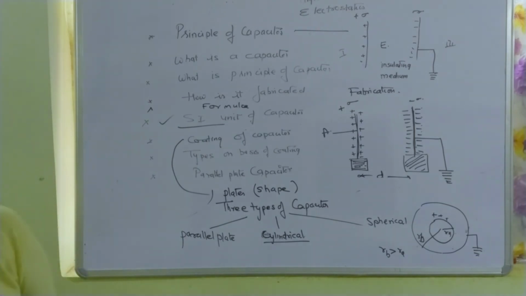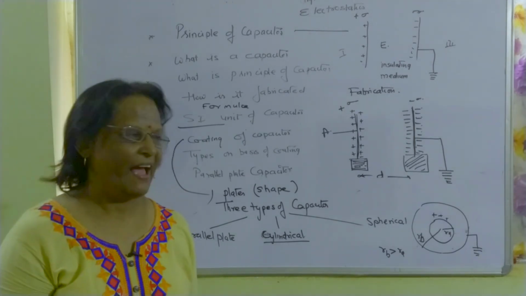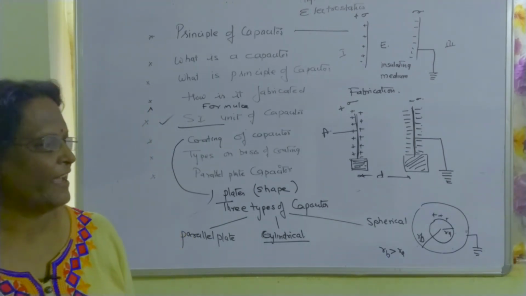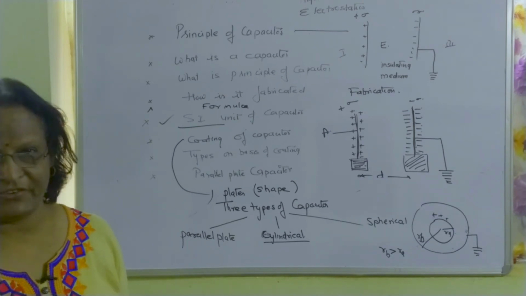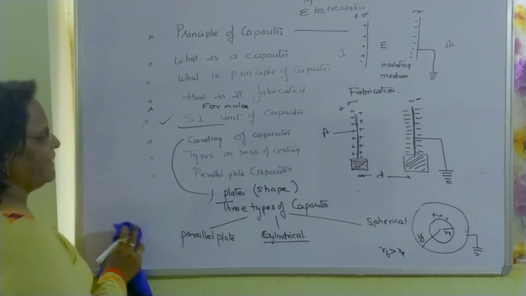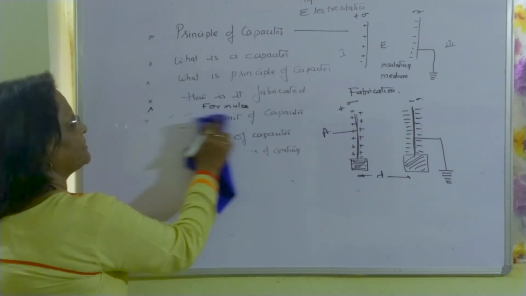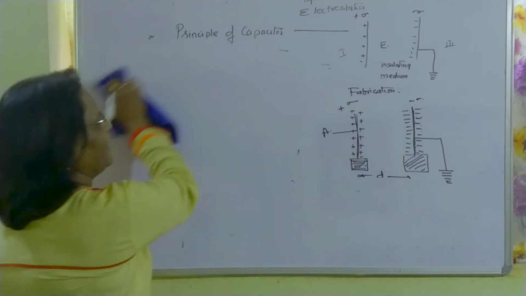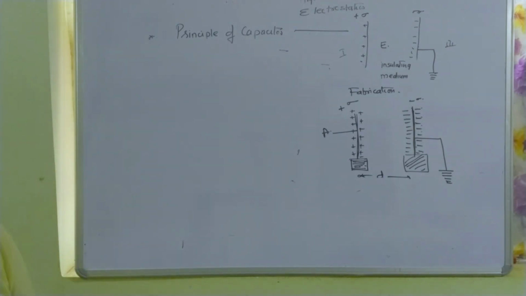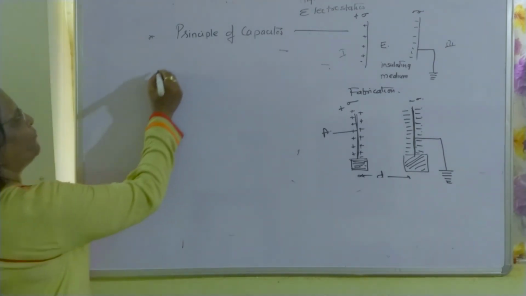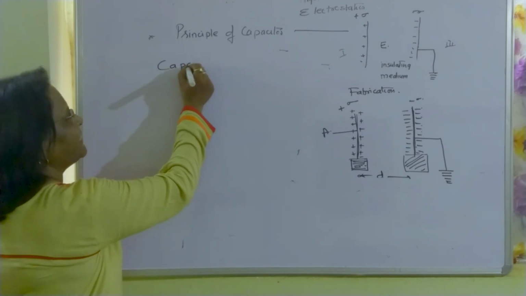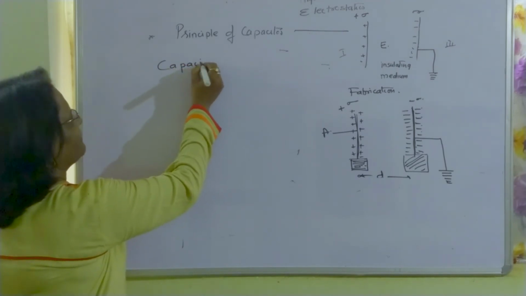Then the plates are spherical in shape, and the name is spherical capacitor. Finally, we come to the capacitance of a parallel plate capacitor.